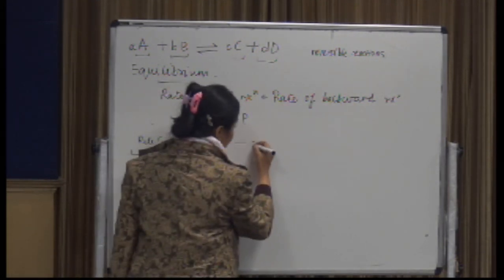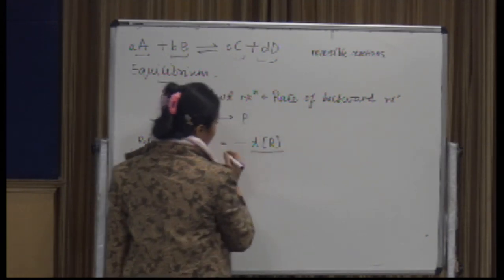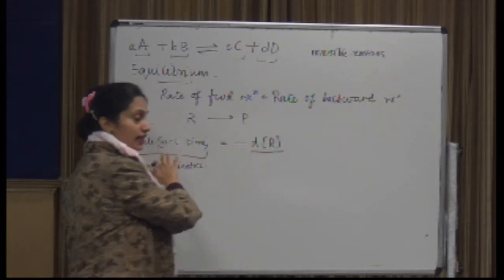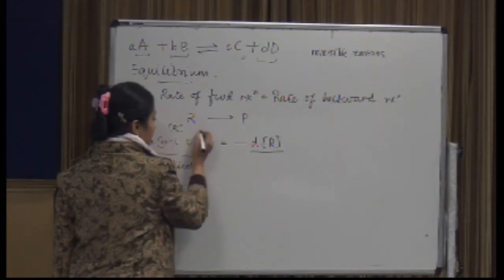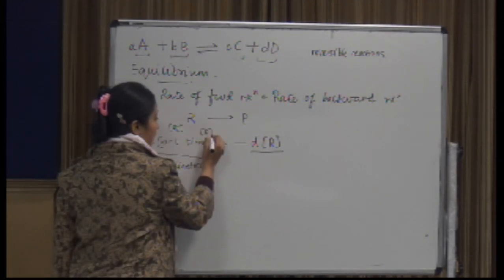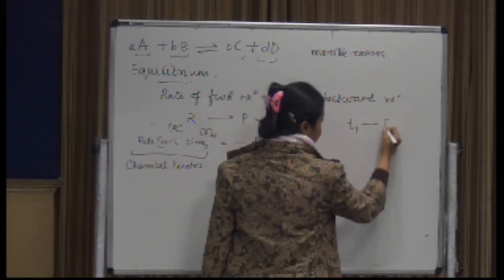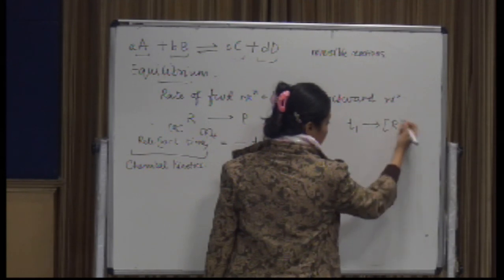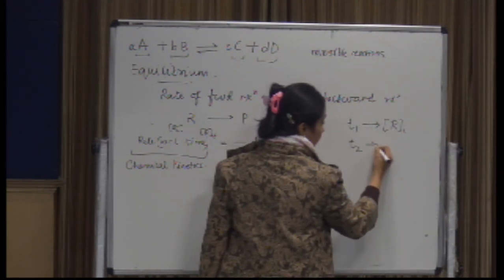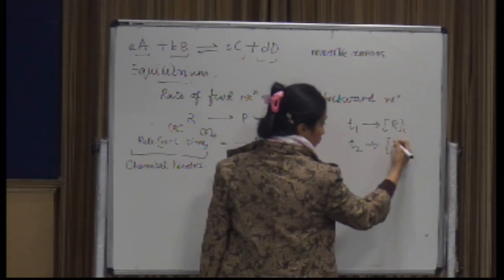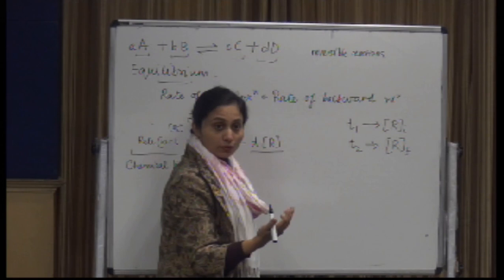So the change in concentration of the reactants will be like this: if R is the concentration, say you have initial concentration Ri at time T1, and at time T2 the final concentration is Rf, then you know what will be the rate of the reaction.